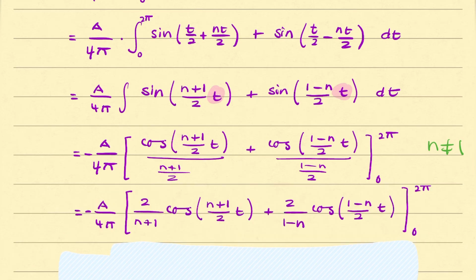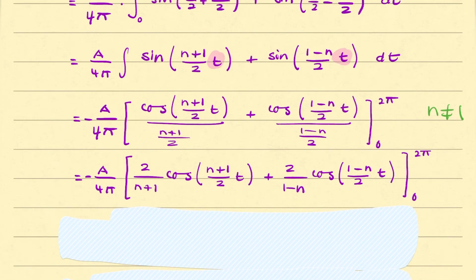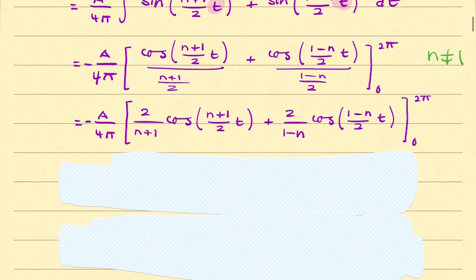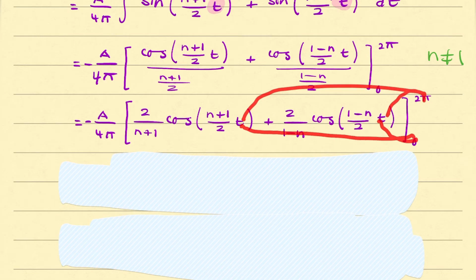Okay, so next step, we can turn these divisions into multiplications. So I turned the fraction upside down and turned it into multiplication. Now all you need to do is replace the limits, the 2 pi, and replace the zeros.